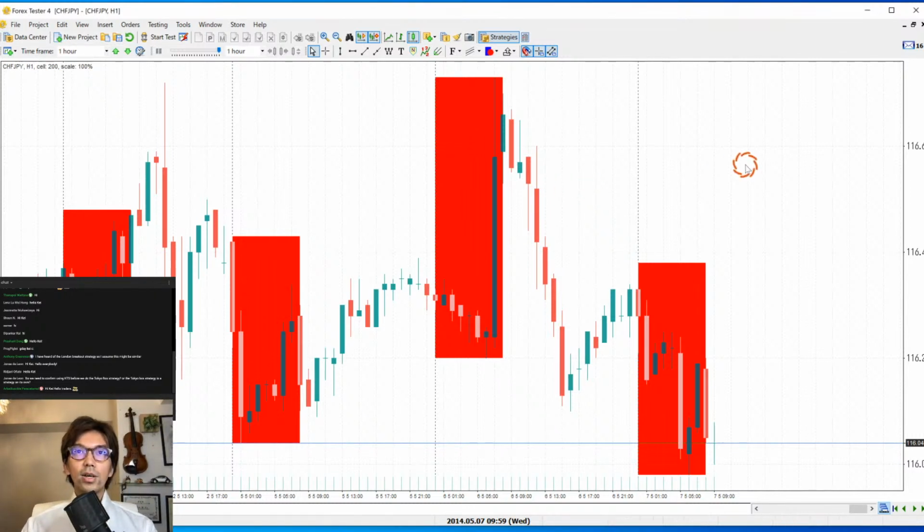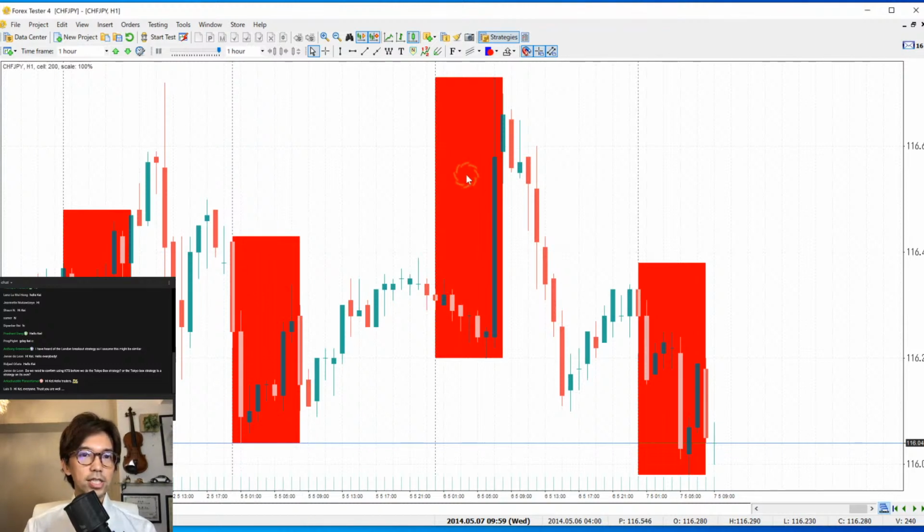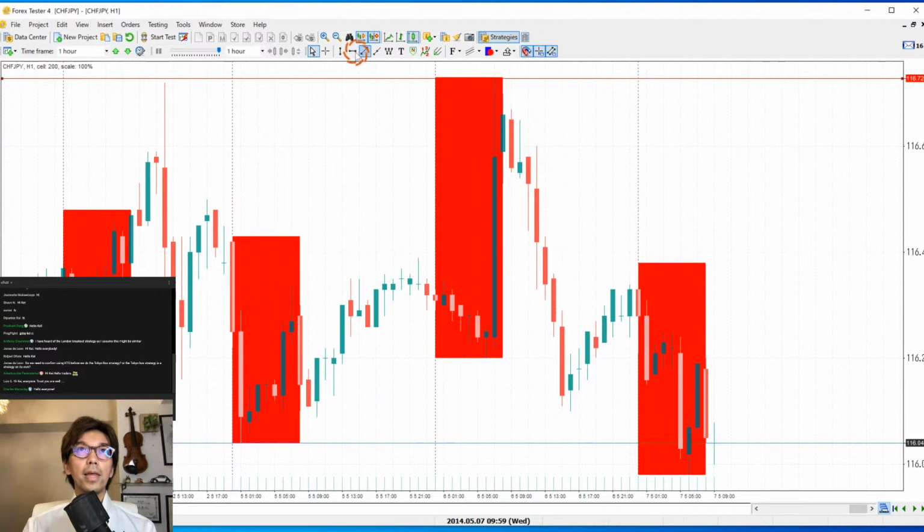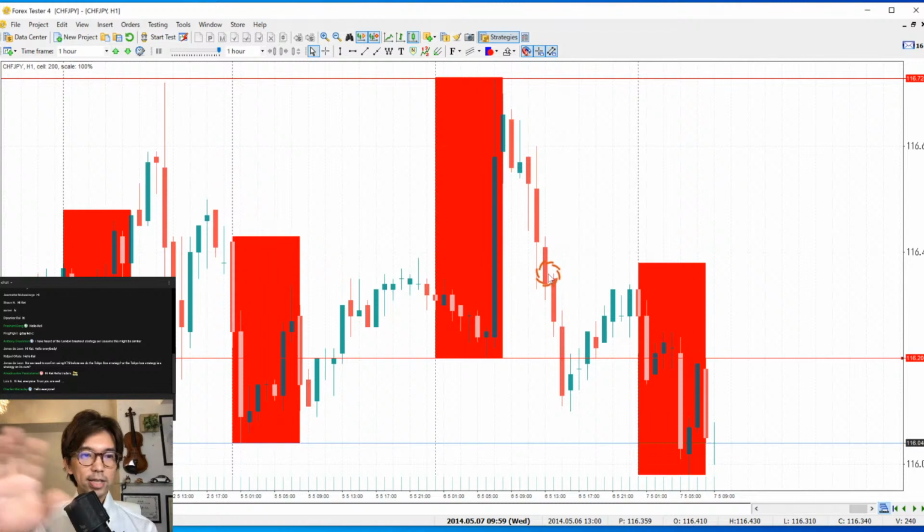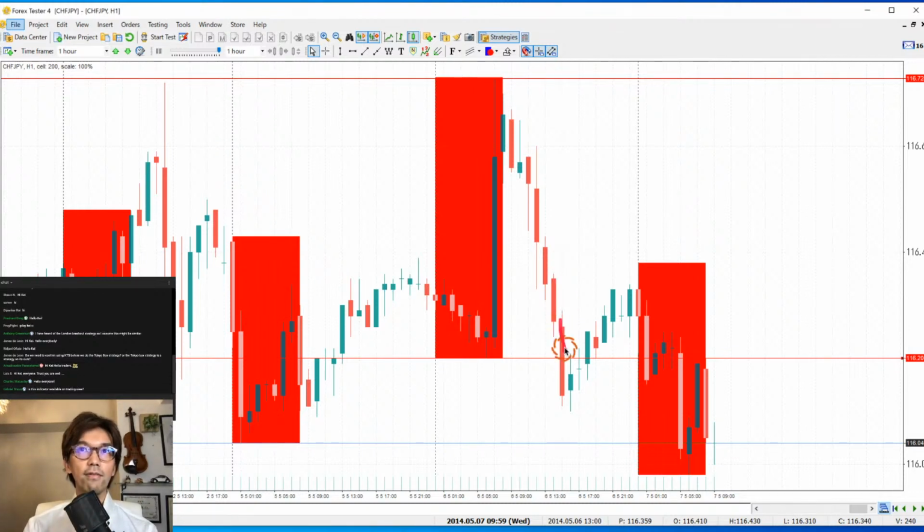Yeah. So for example, on this day, the 6th of May 2014, on this CHFJPY, there is a recent high here on this level, and also there is a recent low down below. So whichever the price breaks, you just follow the direction. So in this case, the price broke it downwards here, so you just follow this way.